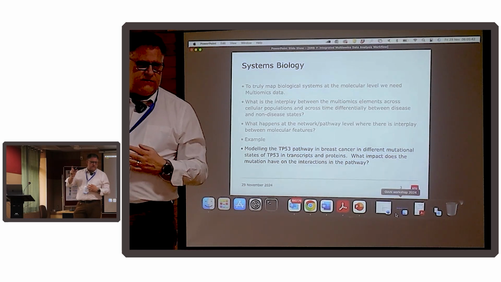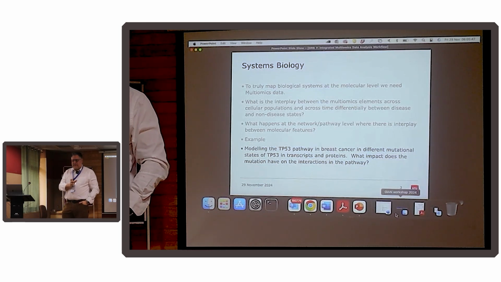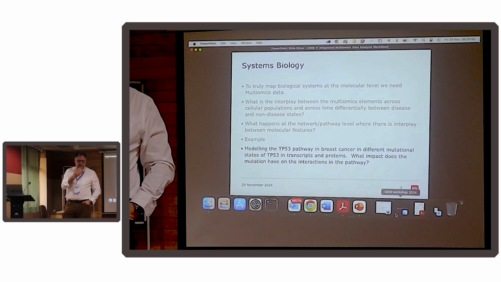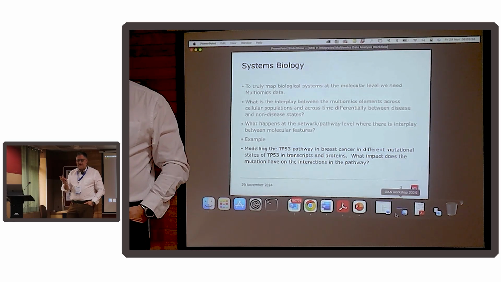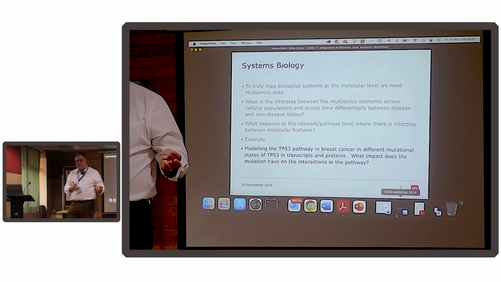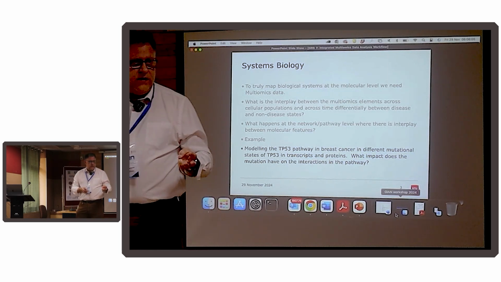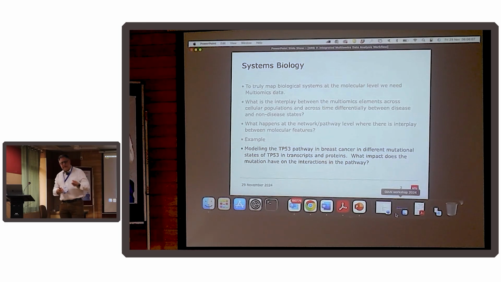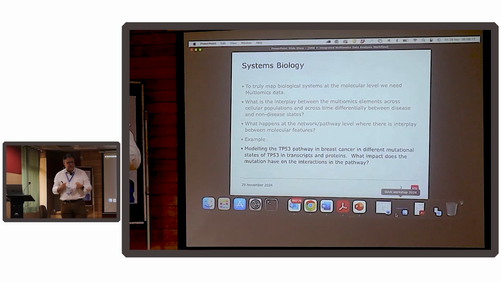Before, we perhaps might have just looked at a pathway not considering a mutation. But in reality, if you've got a pathway where the core element of that pathway is mutated, it's not going to behave in the same way. So by looking at wild type P53, loss of function P53, missense P53 and nonsense P53, we can see how that impacts across the pathway.